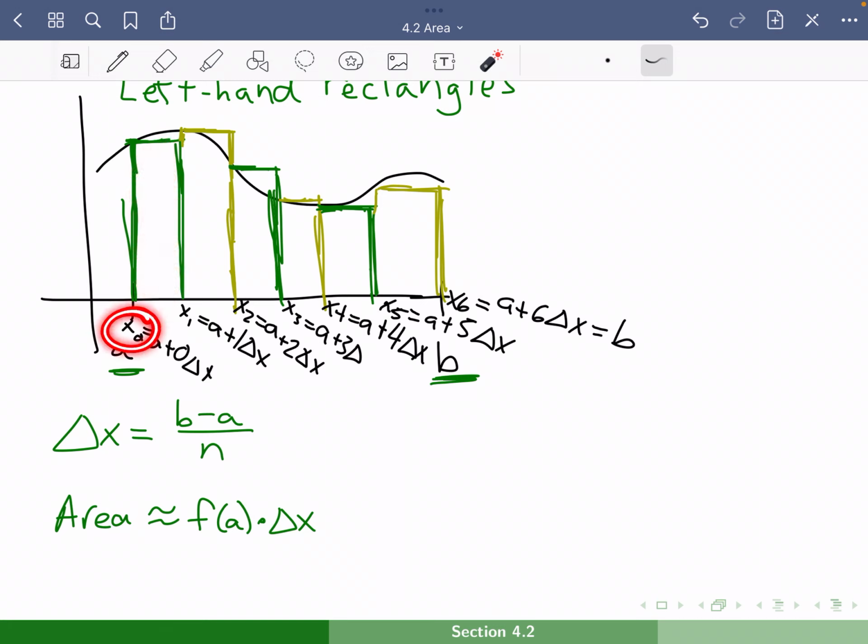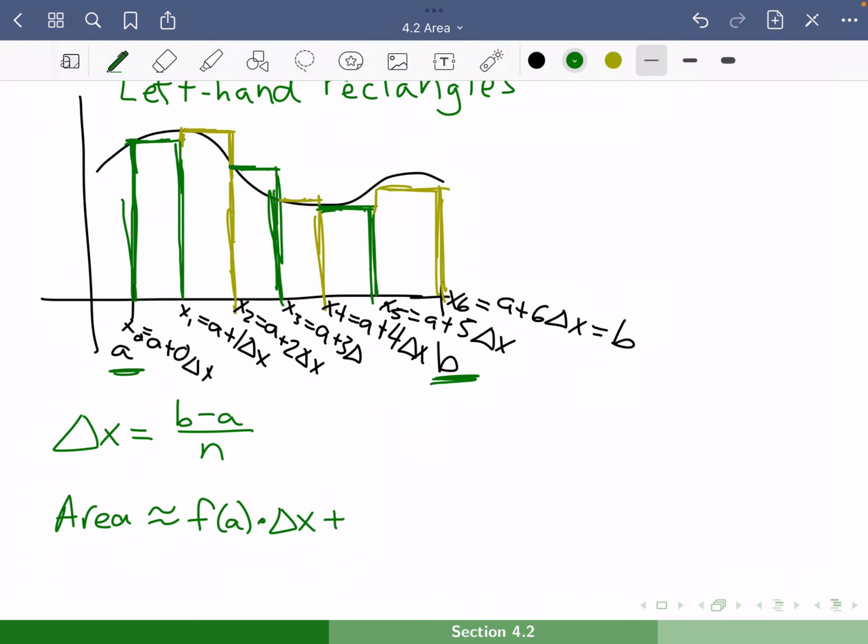The function value at a is the height of the rectangle, and delta x is the width of the rectangle. That will give us the area of this rectangle. Then we will add the area of the next rectangle, and the next one, and the next one. So we're just adding up the areas of a bunch of rectangles.